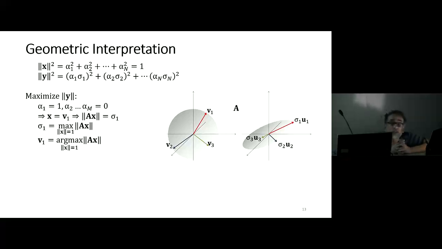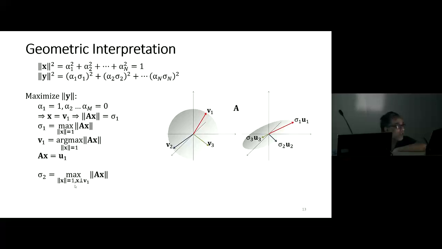Now we want to choose another direction that's orthogonal to V1 in n dimensions. So we want to choose another vector that's orthogonal to our V1 here, this red vector here. And we still want to maximize AX, which is this red vector here.